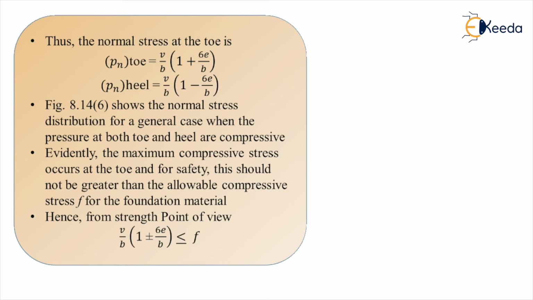Foundation material is made of concrete only, so the compressive stress should be less than or equal to 3000 kilonewton per meter square. It should not exceed that value, and the eccentricity is equal to B by 6.